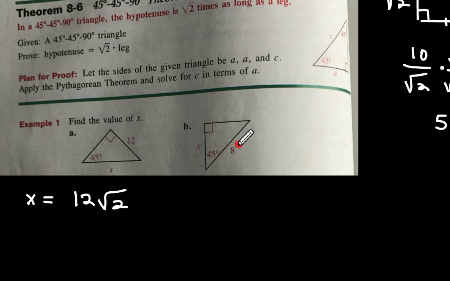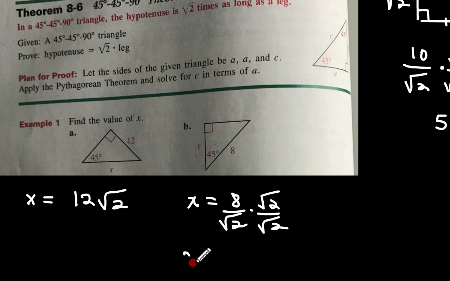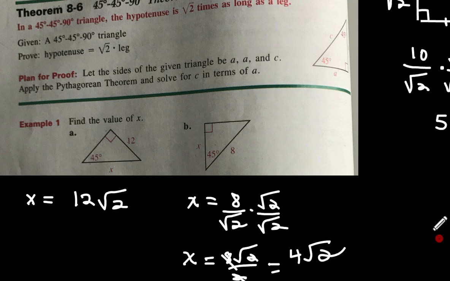The second one, we're going the other direction. We have the hypotenuse. So the leg would just be 8 divided by the square root of 2. And then we rationalize. So if you're going from smaller to bigger, you multiply. Bigger to smaller, you divide. So it's going to be x equals 8 root 2 over 2. And we divide these out, and we're going to get x equals 4 root 2. And that's it.